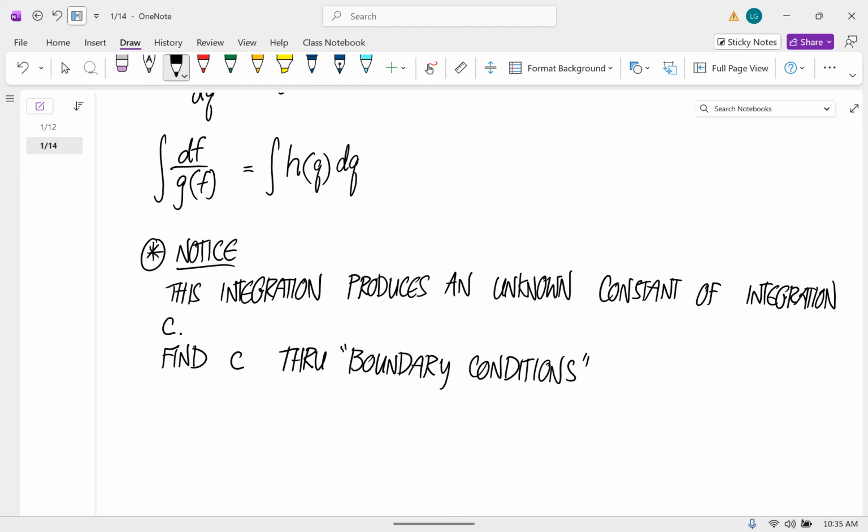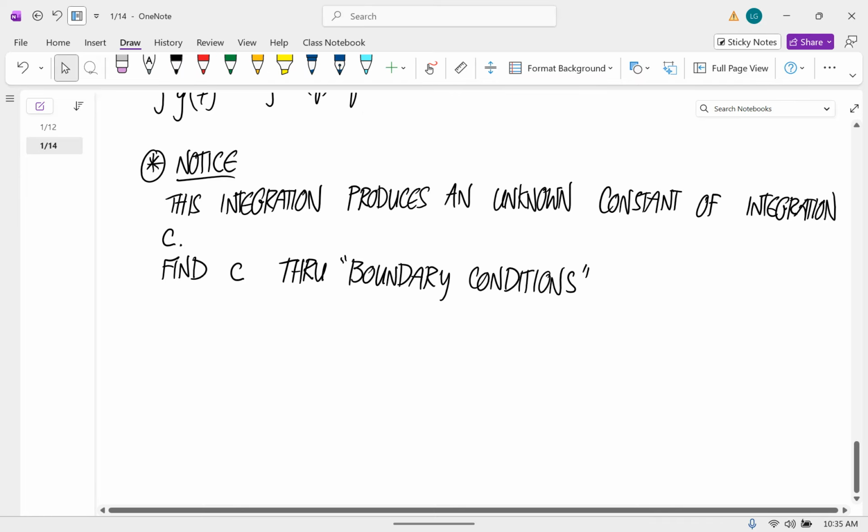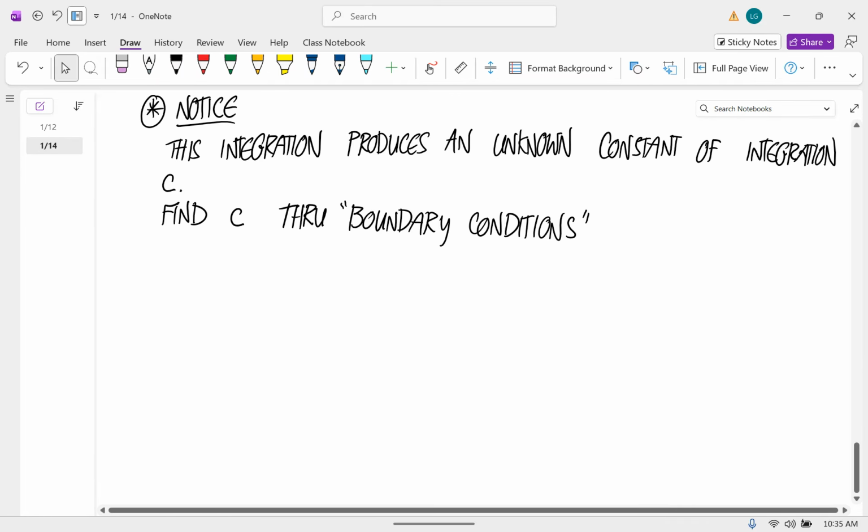So every time we use separation of variables, we're going to have a boundary condition that we can then use to calculate that constant of integration. For example, we might know that at the beginning of the test, the tank has 10 gallons of water. Exactly. Yep. So, okay, let's do an example.